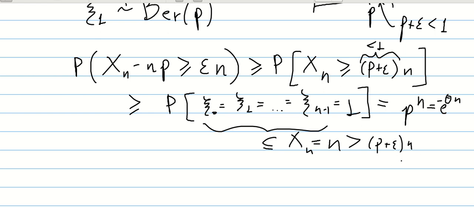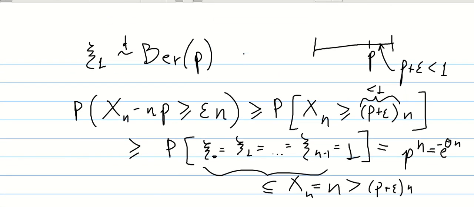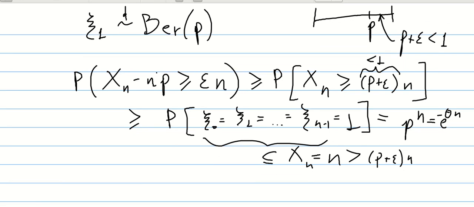So here what I wanted to say is just that even in the case that the random variables are bounded, we can still deviate from the mean with an exponential probability as a lower bound. So we cannot hope to get decays that are faster than exponential.